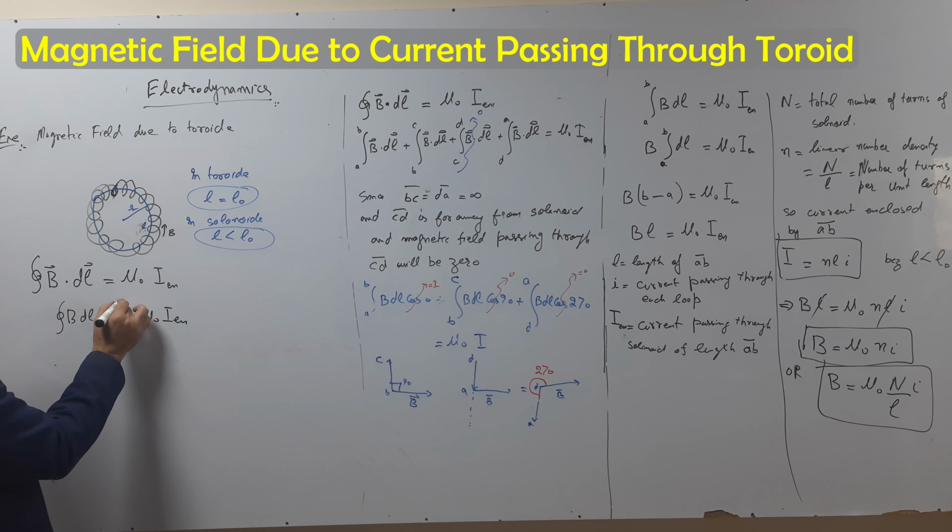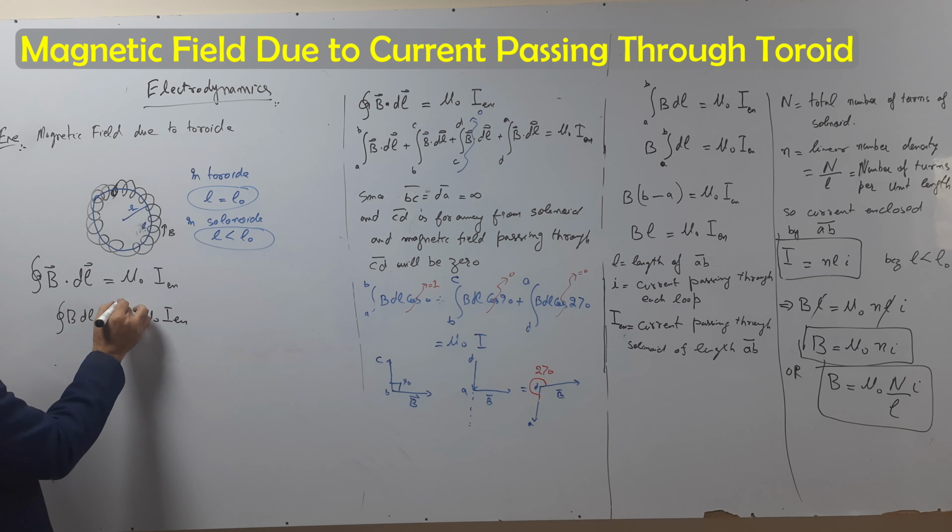So what is the length of the closed circle? 2 pi r.